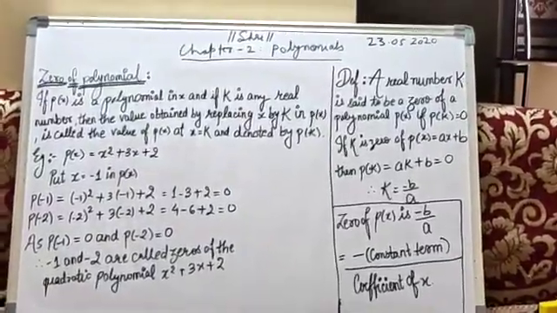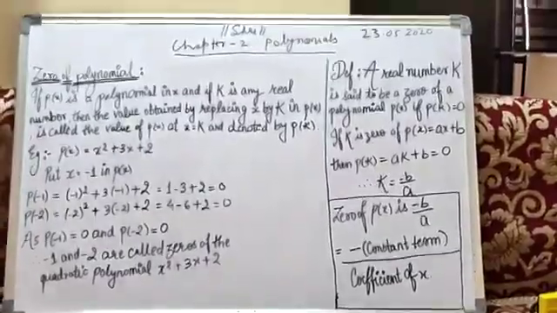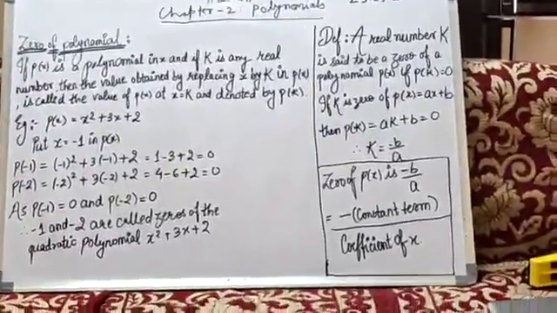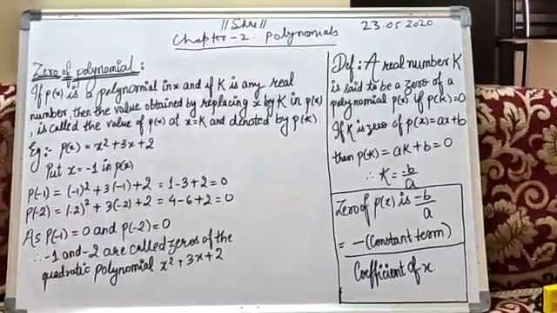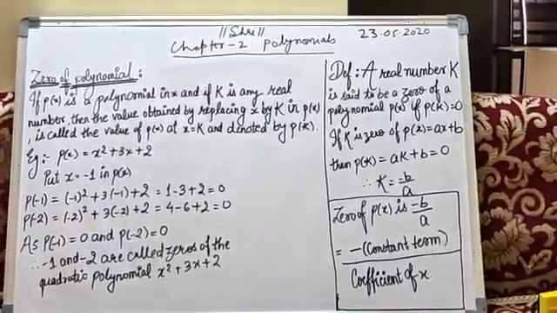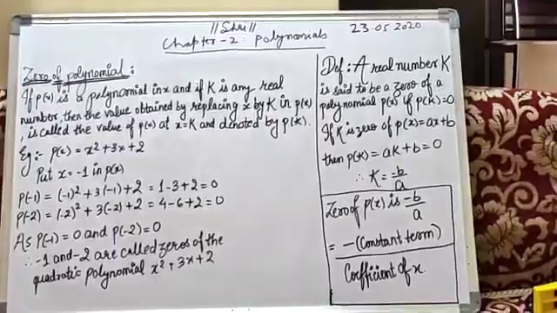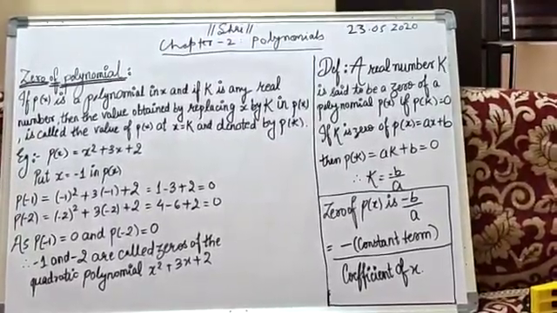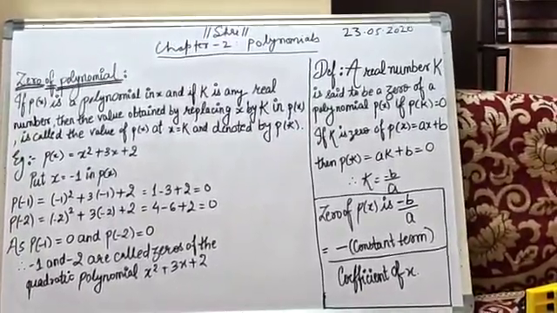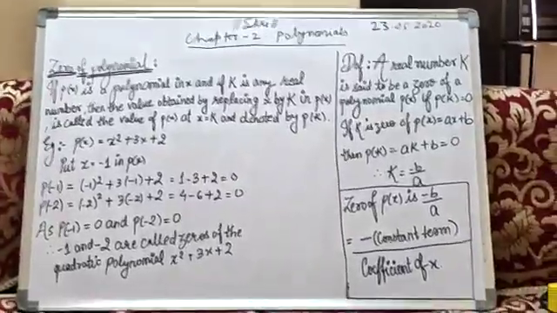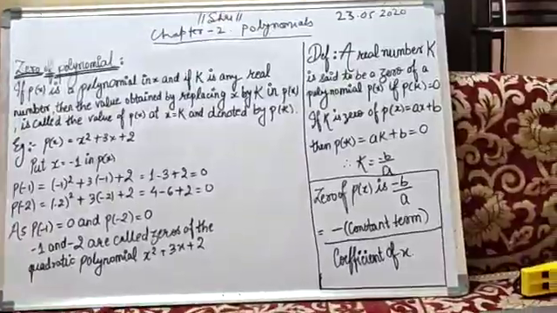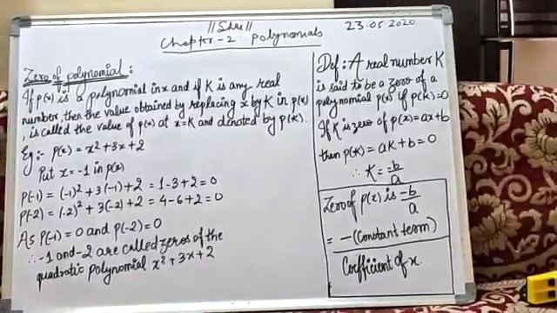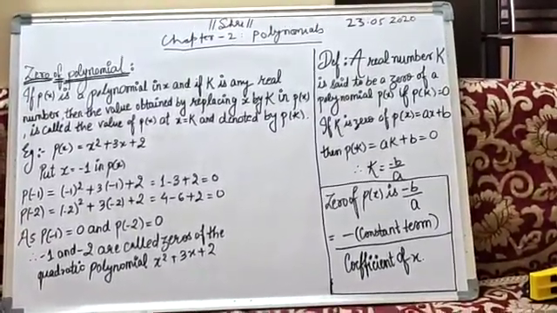Now we will see the definition of zero of polynomial. Definition is already written on the blackboard, but in short, if we are asked to find the zero of the polynomial, it means find that value of variable for which the value of the polynomial becomes 0.